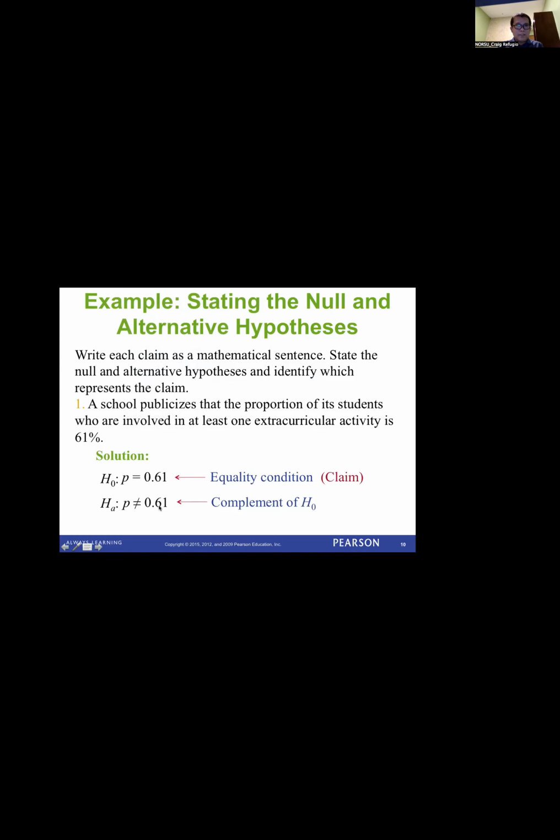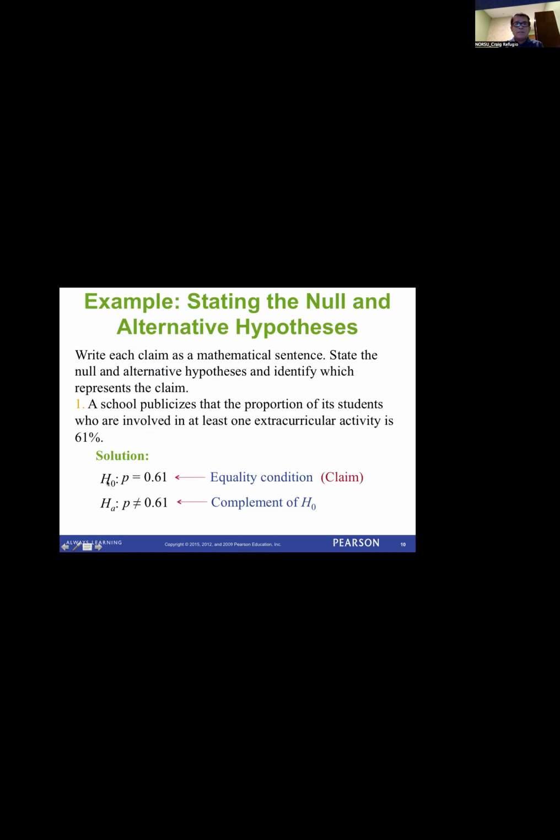Remember, in the previous slide, the pair of equality is not equal to. So we look into this setting that we have H0: p is equal to 0.61, HA: p is not equal to 0.61. And all of these are based on statement number 1.